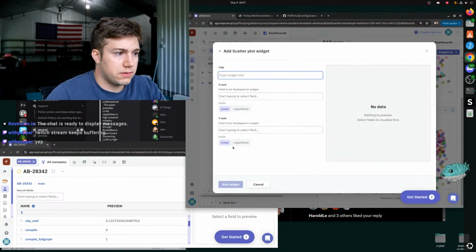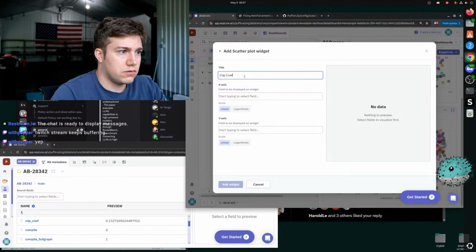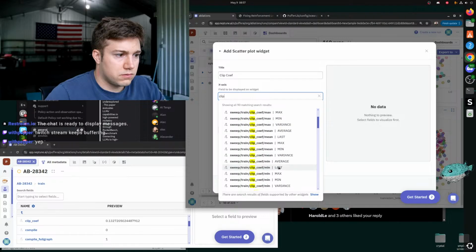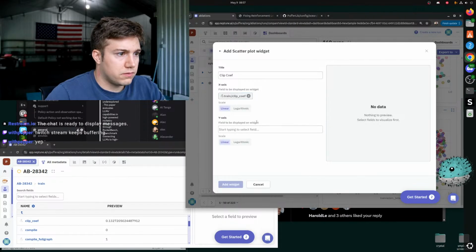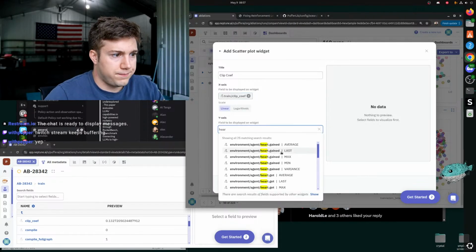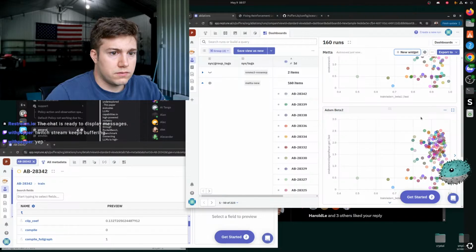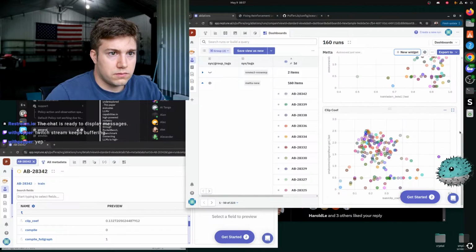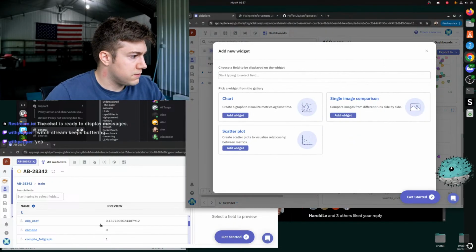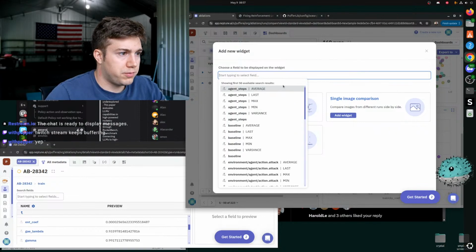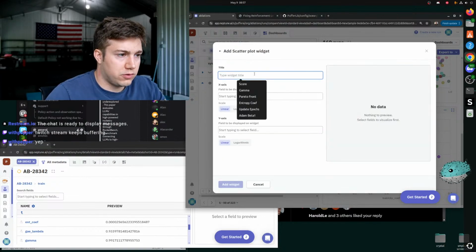Coefficient. Entropy. Entropy is definitely worth doing.